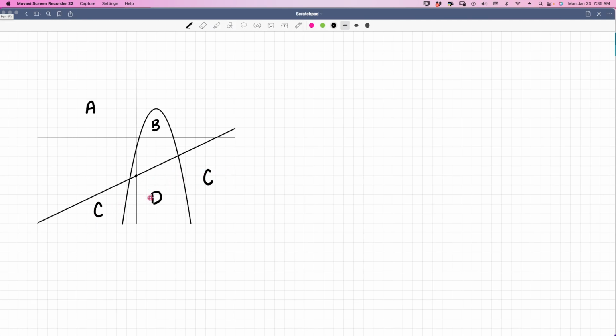You have inside the parabola and you have outside the parabola. And then you have above the line and you have below the line. So this is C. It's below the line and outside the parabola. This is below the line and outside the parabola. So if you highlighted this side, if this was the area you were looking for, you would also have to do this side. So it's not a separate area unto itself.